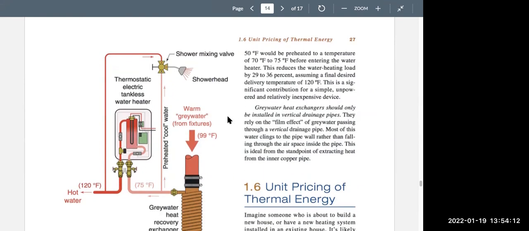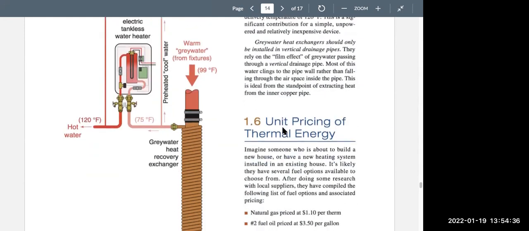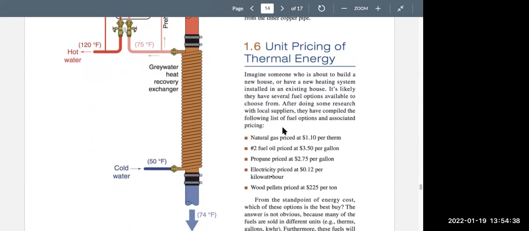That's something that's not very common, and it requires a lot more discussion. Because right there, they say gray water heat exchangers should only be installed in vertical drainage pipes. That's because that water is sewage, right? It's going to stick to the pipes and clog things up. So let's just move on from that.